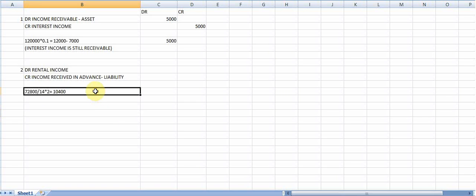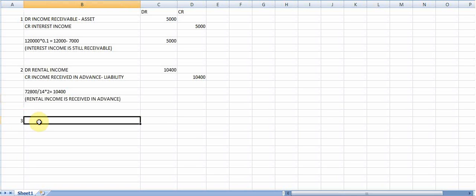That is too much. So I'm going to say 10,400. Decrease my rental income, 10,400 liability. I need a narration, so I'm just going to say rental income is received in advance.